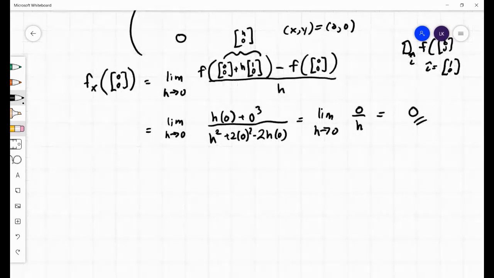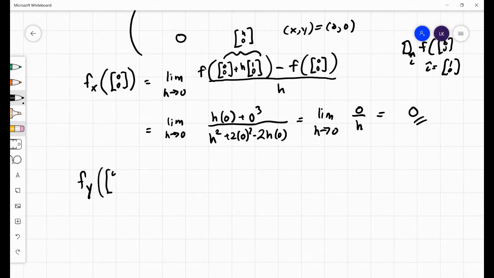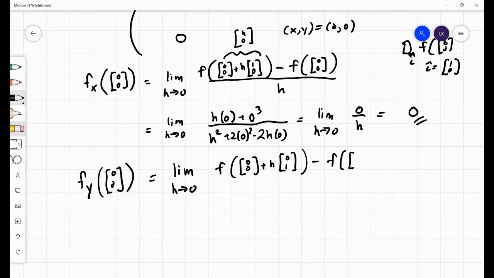That limit exists. Similarly, we can show that the partial derivative of f with respect to y evaluated at the origin exists. This time it's like a directional derivative in the positive y direction. So now x is 0 and y would be equal to h.